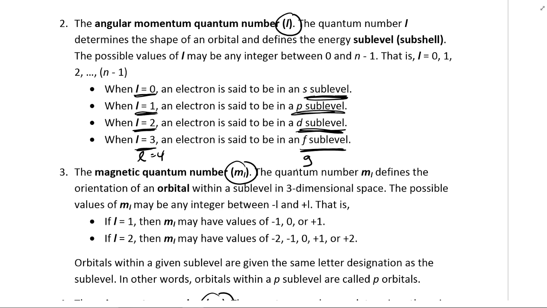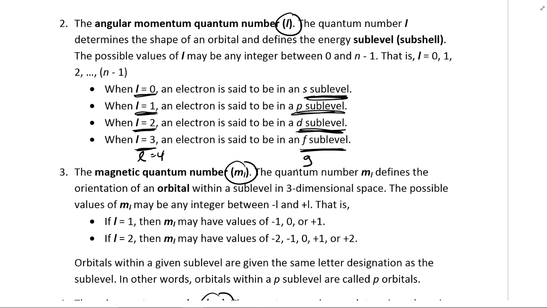These letters come from descriptions of the line spectra. For example, d is diffuse, f is fundamental. So they have very specific descriptions of the types of lines that we see in the line spectra. But once we get up to f, then the letters go alphabetically, so it'd be f, g, h, and so on.